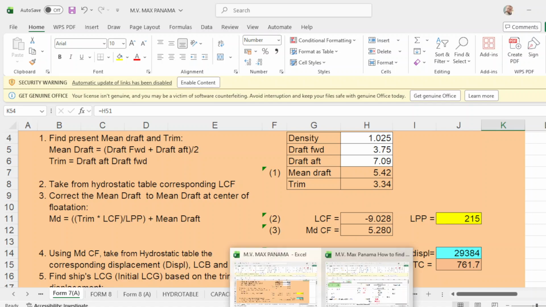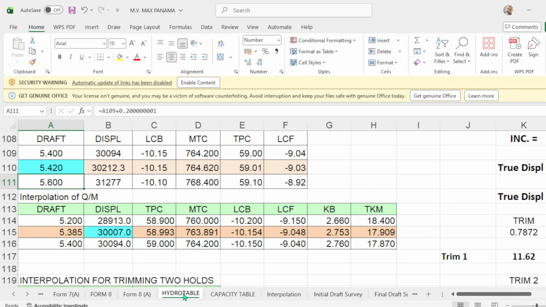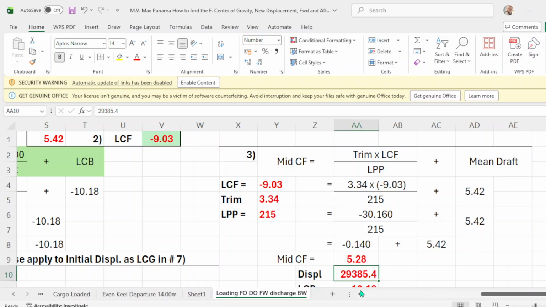So you go back here, you go to the table, then you press 5.28. Okay. 5.28. What will be the displacement? Will be 29385. I got the displacement here. That will be number 4, okay?